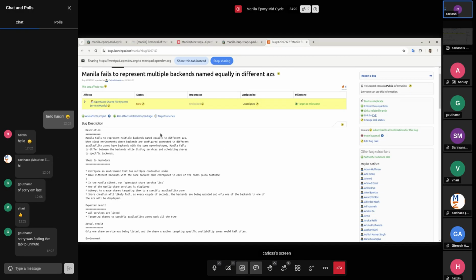Awesome, thanks. This can be worked around by just changing the backend name in the config, so it should be fine. I don't think this should have a high priority, or the importance should be something other than low. Yeah, I would add the reasoning to the bug and probably keep it low.